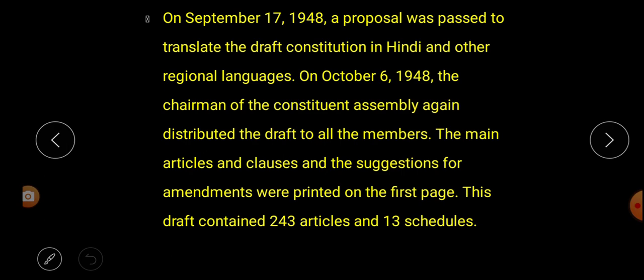Thereafter, on October 6, 1948, the chairman of the Constituent Assembly distributed the draft to all the members, and the main articles, clauses and suggestions for the amendments, that means changes, were printed on the first page. So this draft of the constitution contained how many? 243 articles and 13 schedules.